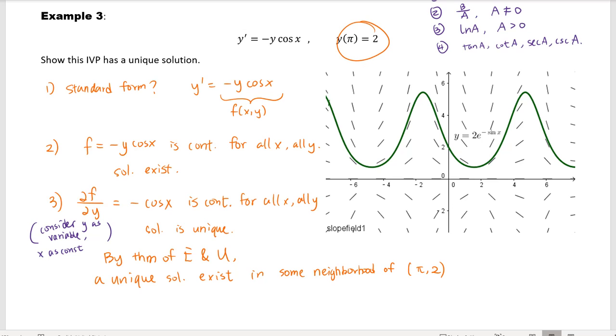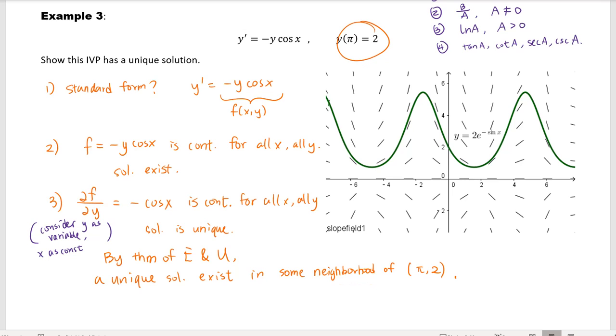We don't say interval, because an interval is one dimension, only for x or y. Here it is a region around the point. And actually, because it's continuous everywhere, the unique solution exists everywhere in the xy plane.